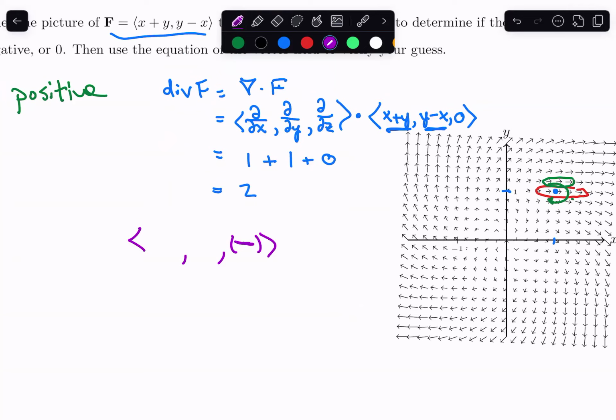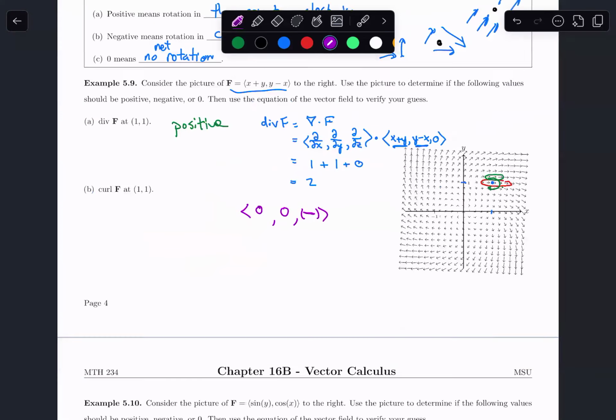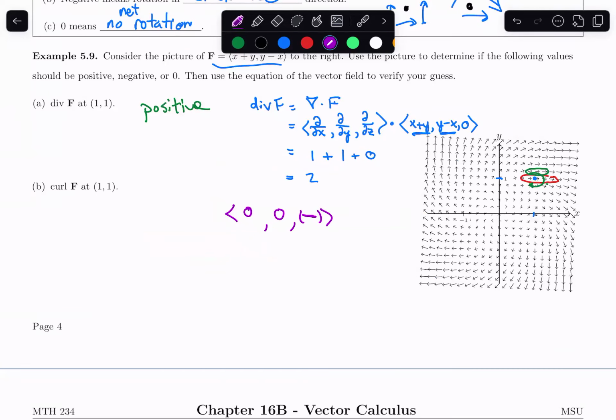I don't think there's going to be much of anything going on with Z's. So in the XZ plane and the YZ plane, I don't think there are going to be any rotations there, because this vector field doesn't even exist in the Z plane, either XZ or YZ. So I think we're going to have something like this.